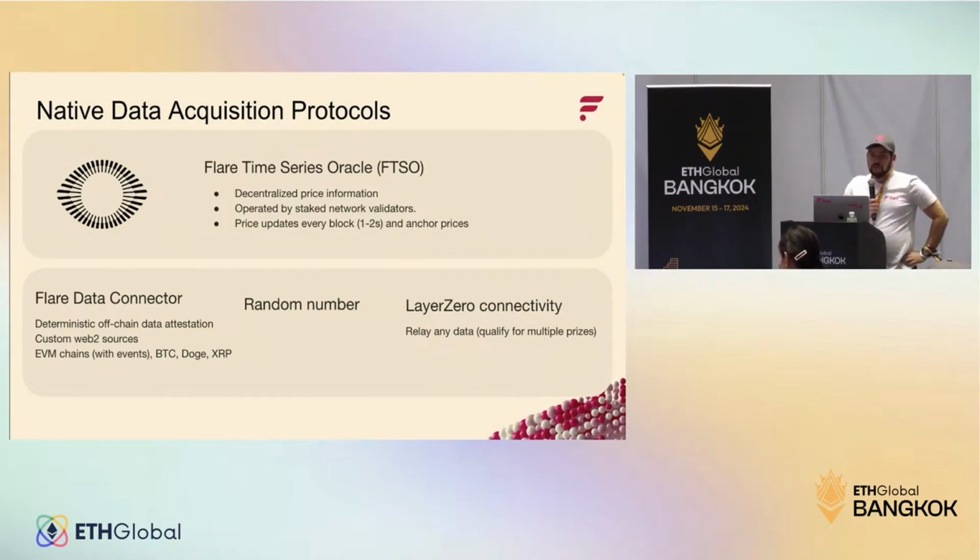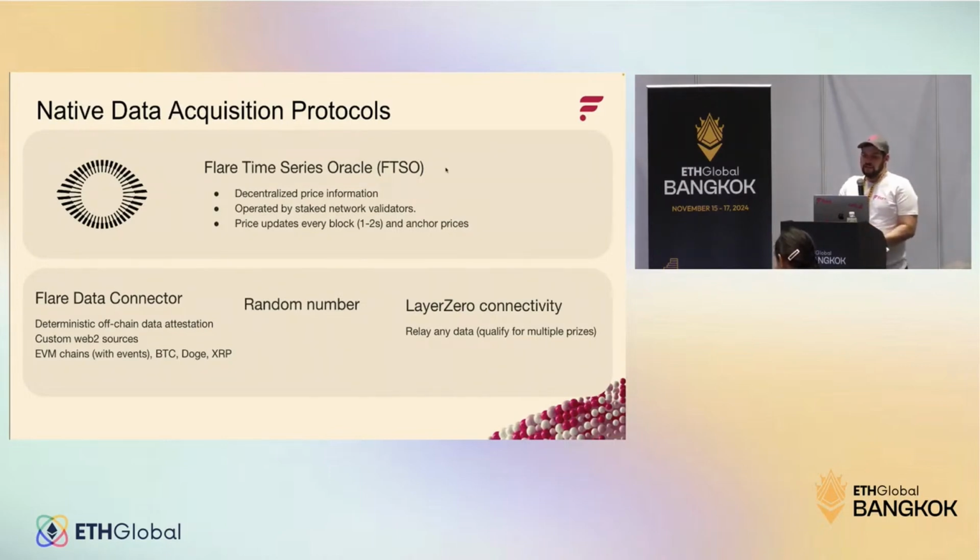We also connect to some so-called non-smart chains, BTC, Dogecoin, and XRP Ledger, and we also give you information about them. So what does this mean? Well, this means that you can get information about a Bitcoin transaction, move it to Flare, and once this is on a smart contract network, you can do anything you want with it. So this allows you to collect payments in Bitcoin, this allows you to collect payments in XRPL, and it also allows you to then do some work on top of it.